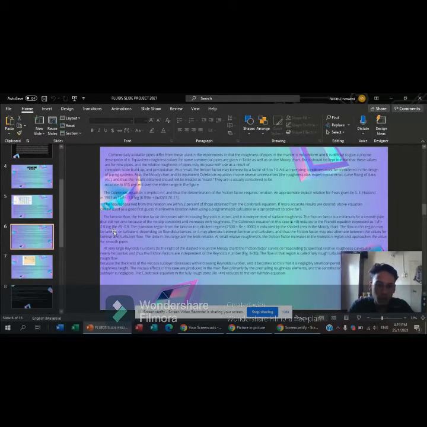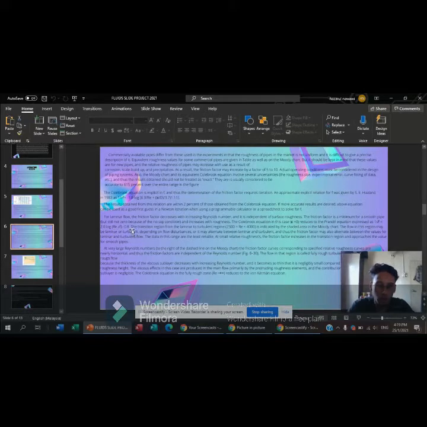The result obtained from this relation is within 2% of those obtained from the Colebrook equation. If more accurate results are desired, the above equation can be used as a good first guess in a Newton iteration when using a programmable calculator or spreadsheet to solve for f.